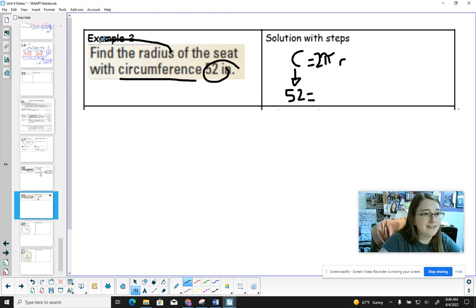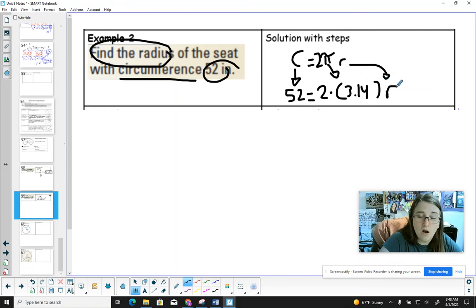And now it says to find the radius. So I have 2 times, again, instead of pi, we're going to be using 3.14 times r. So now we need to get r by itself. So what we're going to do is we're going to simplify this. I got 52 equals, let's go to our calculator. We're going to do 2 times 3.14. Okay, so you get 6.28 here times r.